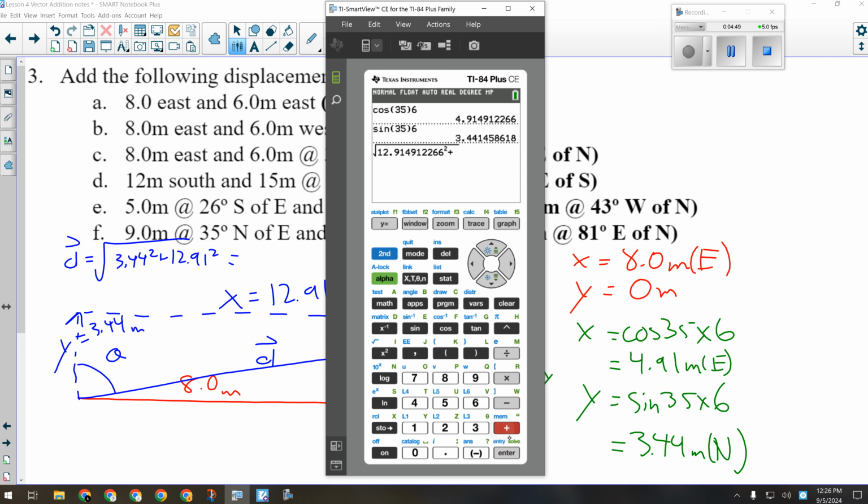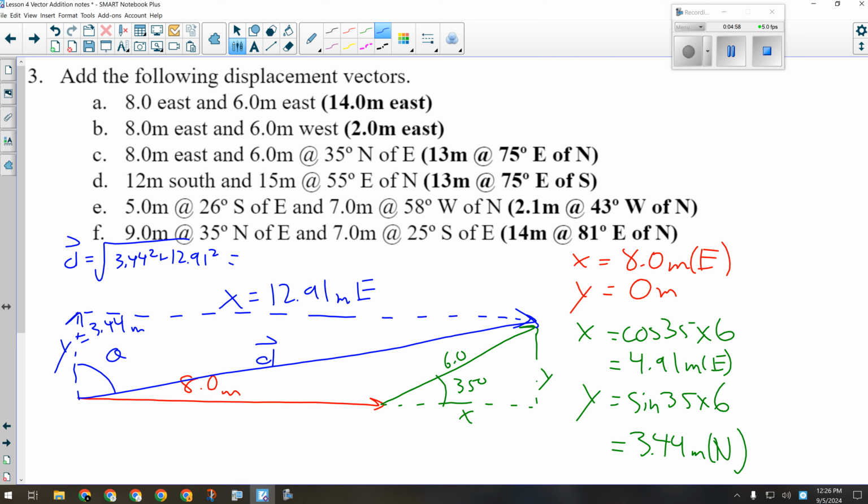So we're looking at a total displacement there of 13.37 meters.